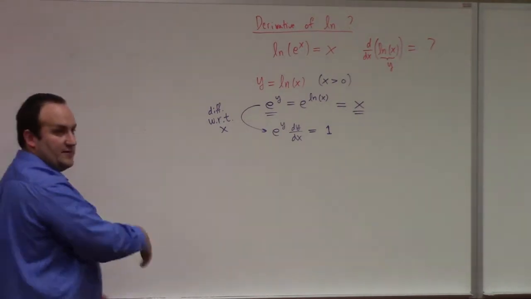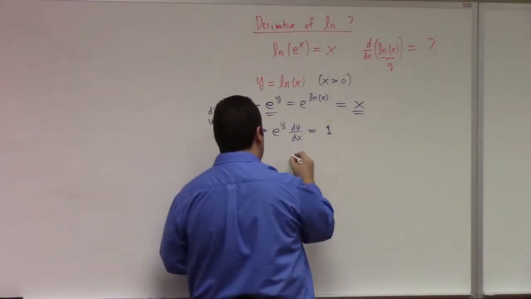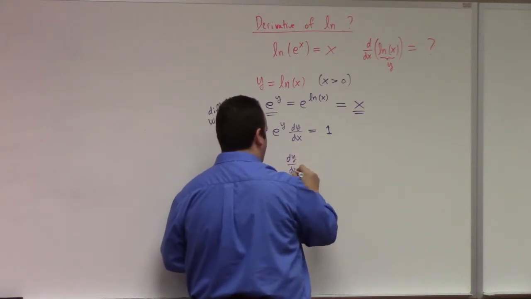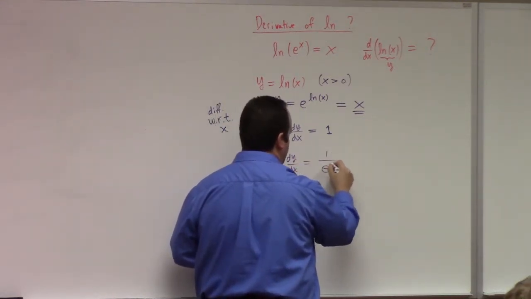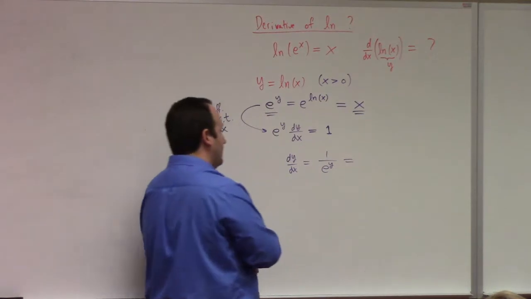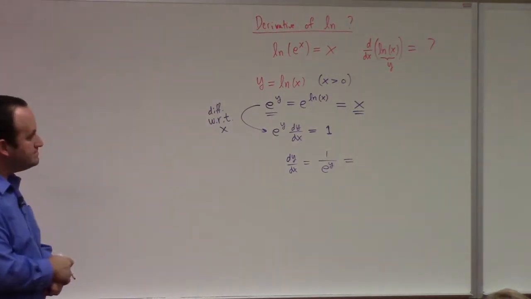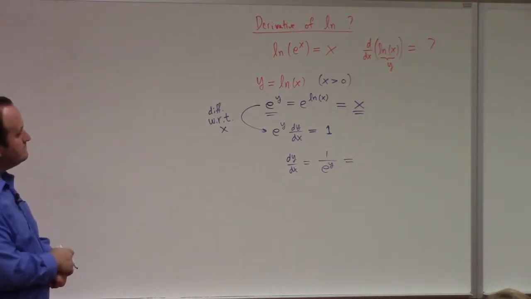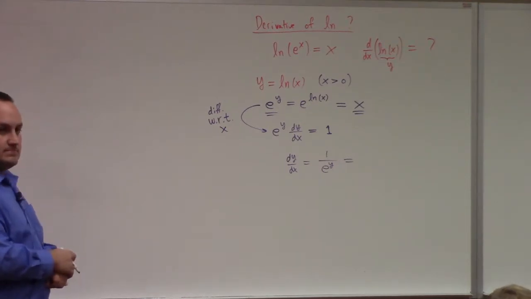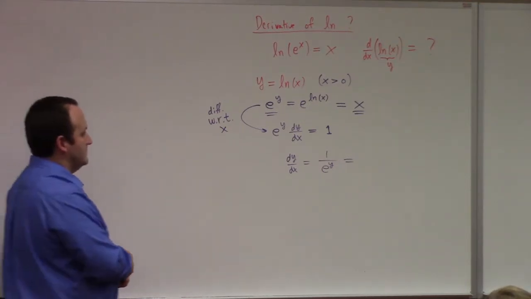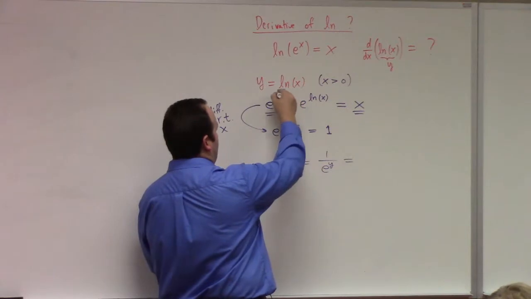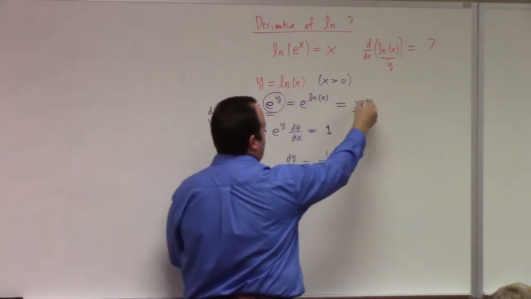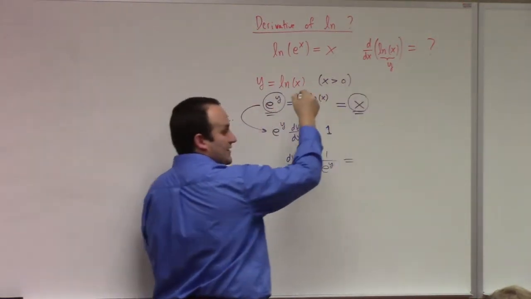So then what? Solve for dy dx. That's, after all, what we're interested in. It's 1 over e to the y. But what is e to the y equal to? Go back up here. e to the y is equal to x.